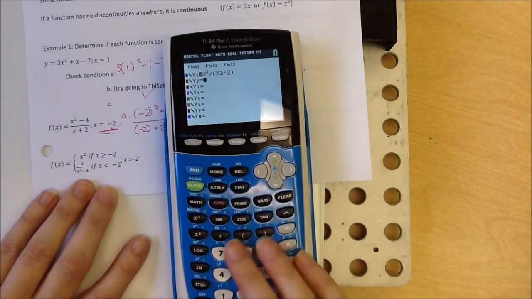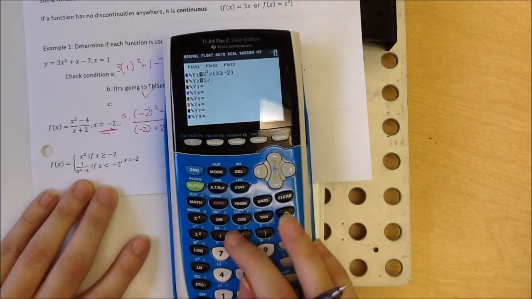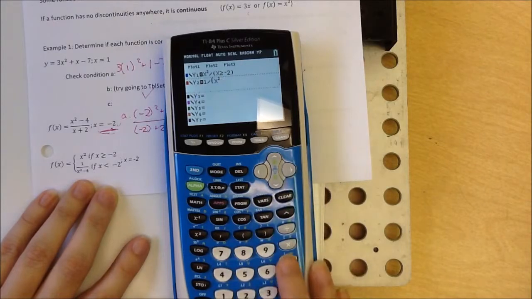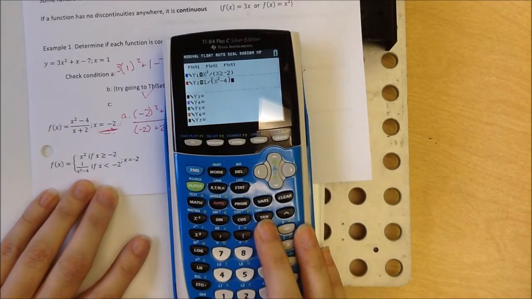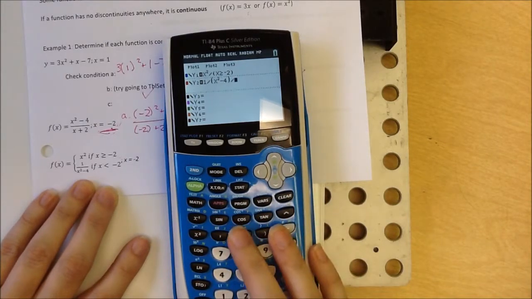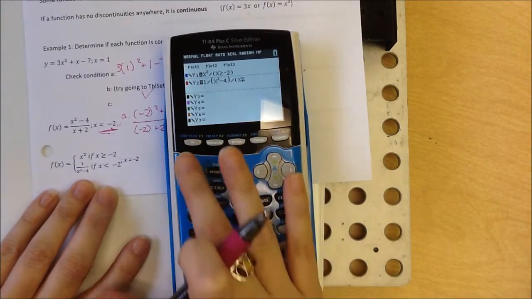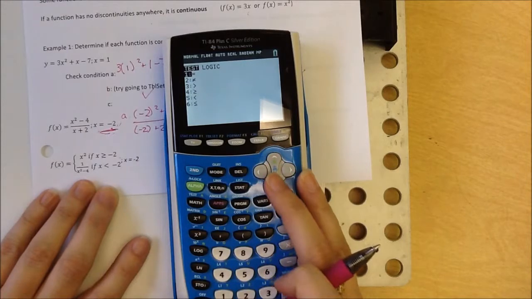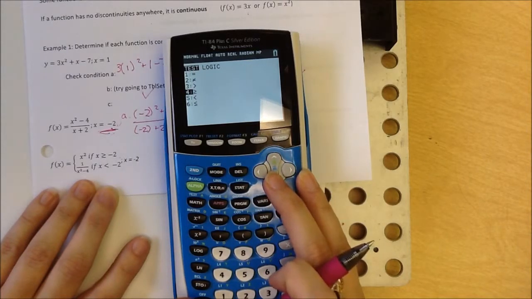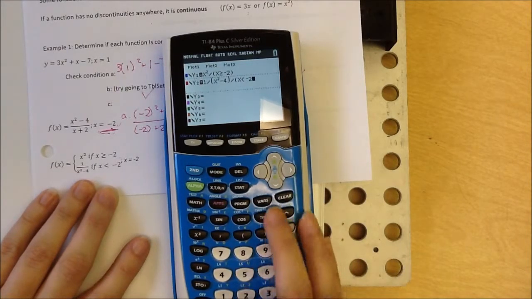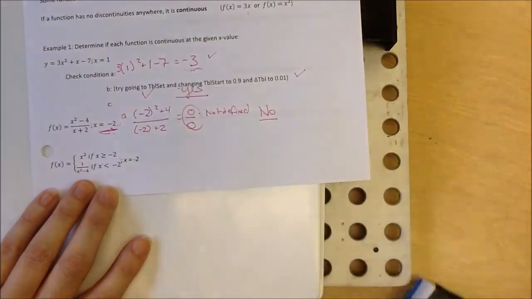And then our second function is 1 over x squared minus 4 if x is less than negative 2. So that's how you would graph them.